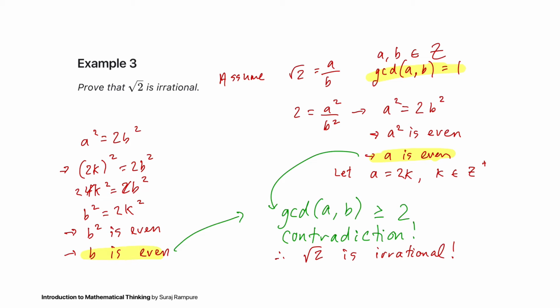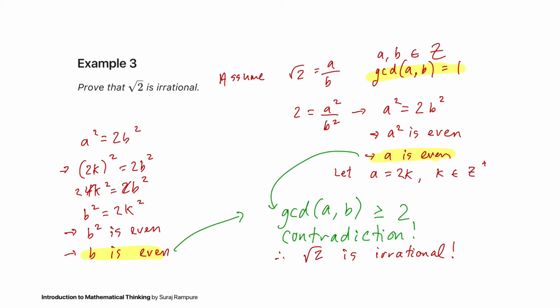Any questions? Yes? By saying that the GCD of A and B can only be 1, are you limiting the set of integers? And are you allowed to do that? So, do you agree that if I have A over B, let's use different numbers, P over Q, I could multiply this by any integer k on both the numerator and denominator, and that would give me the same number?